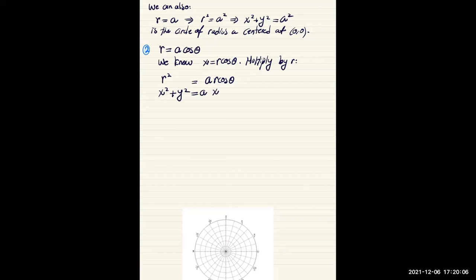I'm not sure if you can identify this object easily, but this is a circle, because we have that x squared plus y squared. It's just that this circle is no longer centered at the origin. This circle is shifted, and I will show you tomorrow how to find the center and the radius, but we are out of time today.